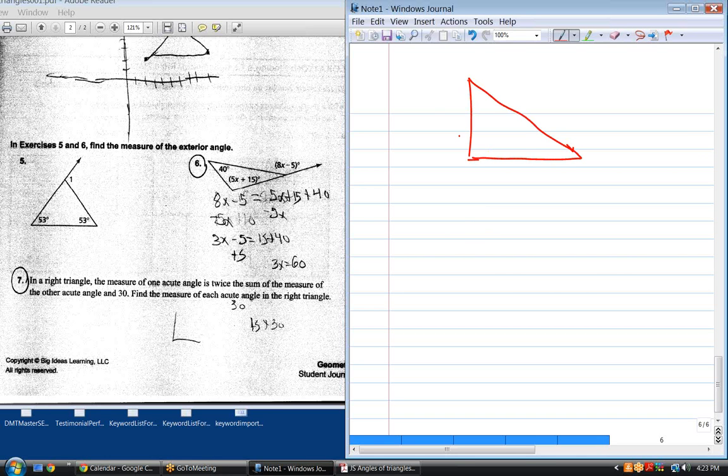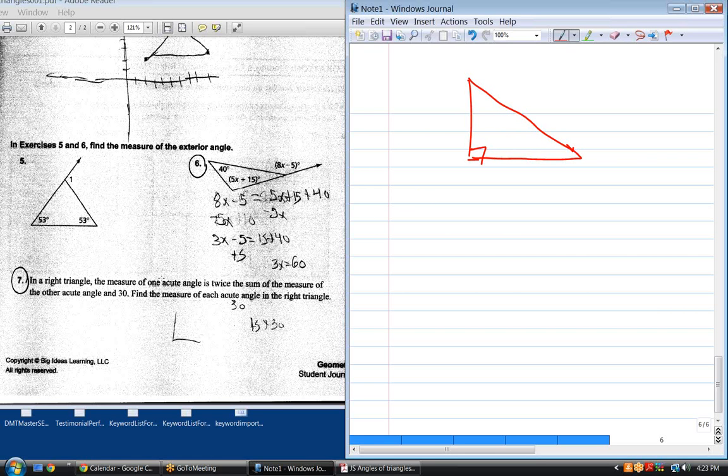Every right triangle has two acute angles. The two angles that aren't the right angle are both acute. And furthermore, they add to 90, because all three have to add to 180. So if this one's 90, then these two always have to add to 90. So they're complementary.